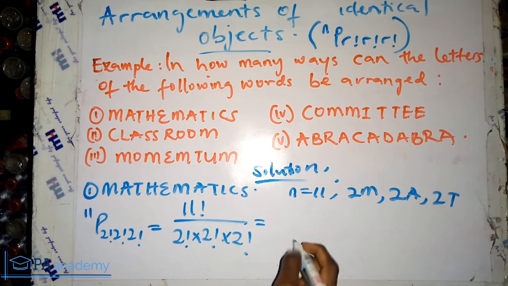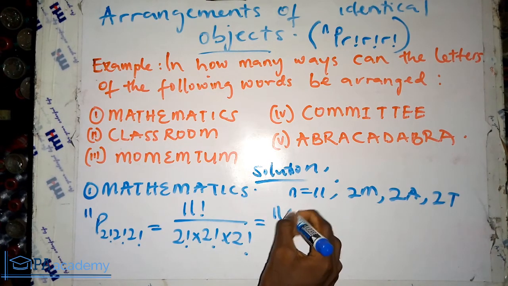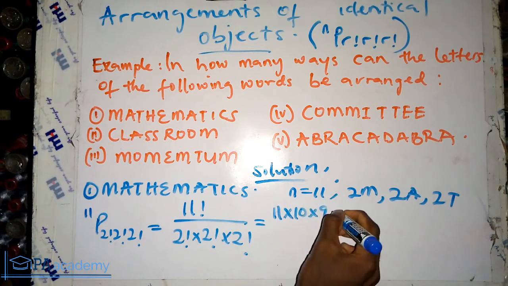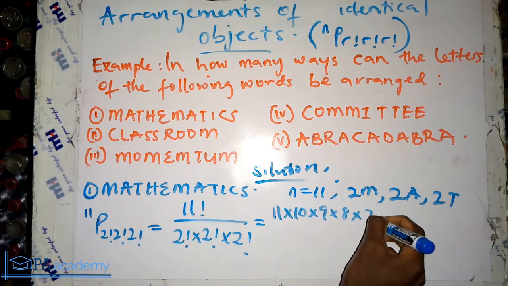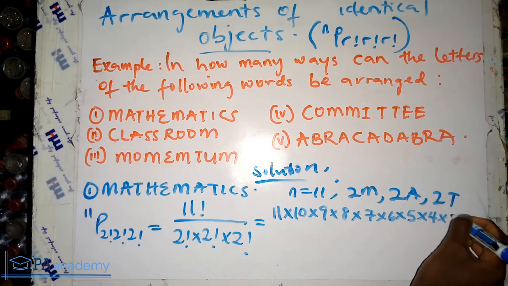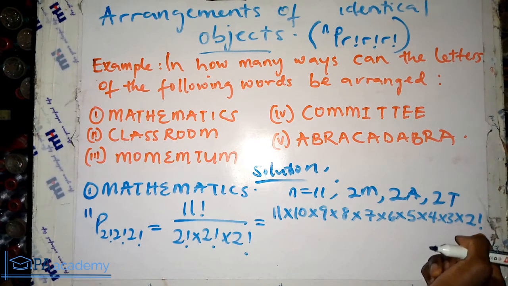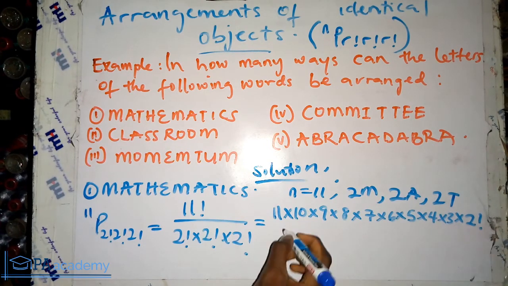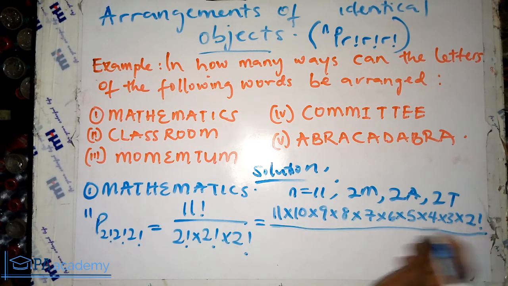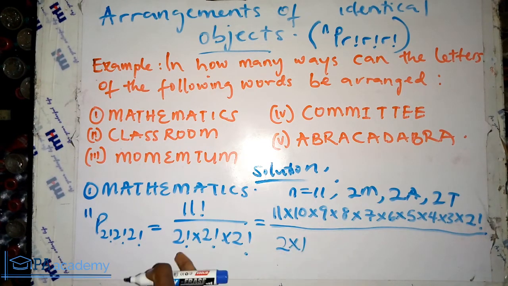Now let's express this. What we are going to have is 11 times 10 times 9 times 8 times 7 times 6 times 5 times 4 times 3 times 2 factorial. Note, I'm stopping at 2 factorial, and I'll tell you why. Now the denominator: we have 2 times 1, that is for this 2 factorial.